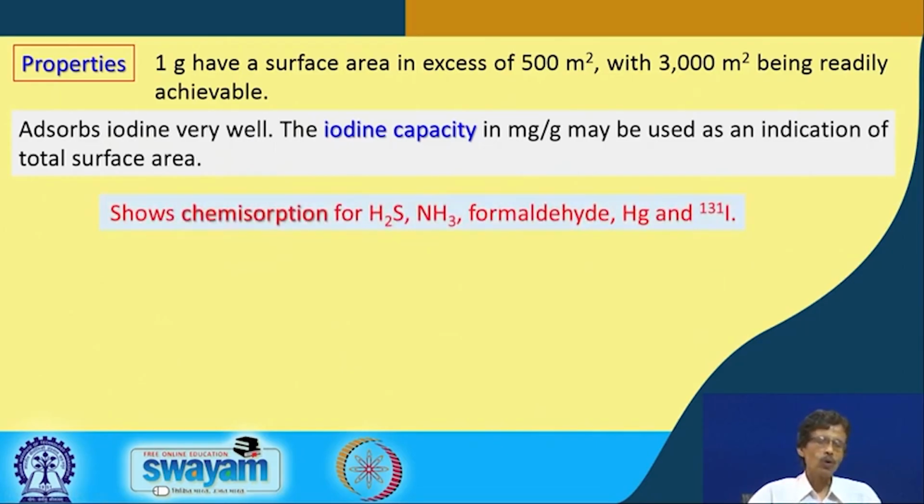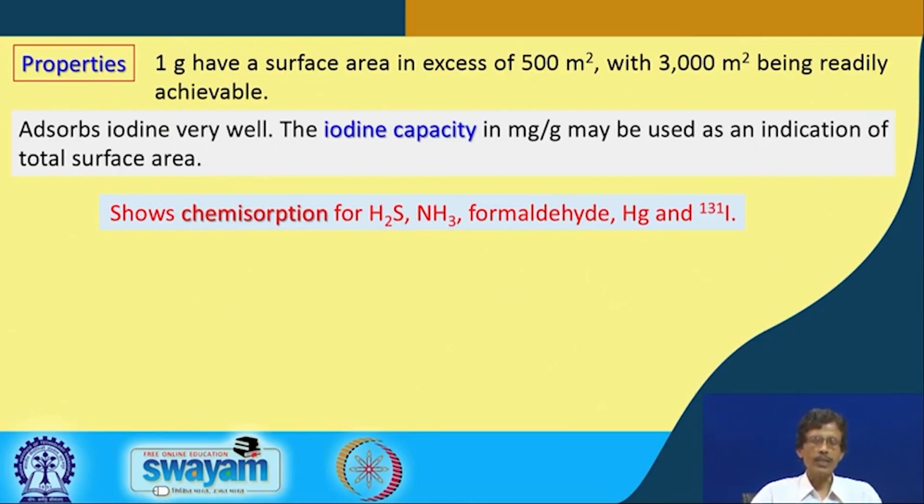Not only iodine, but also other chemicals and gases like H2S and ammonia can show chemisorption. Chemisorption is a chemically adsorbed form, with chemical bonding, hydrogen bonding or any other interaction. They are interacting chemically, so it is not physical adsorption. Chemisorption is a different type from physisorption.